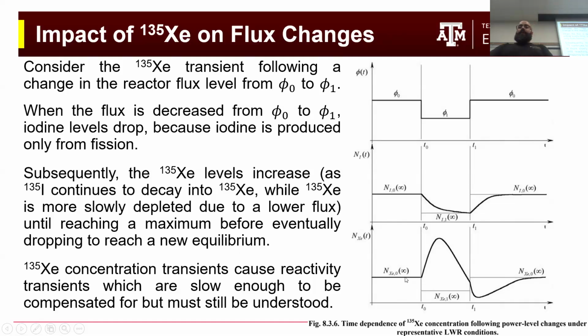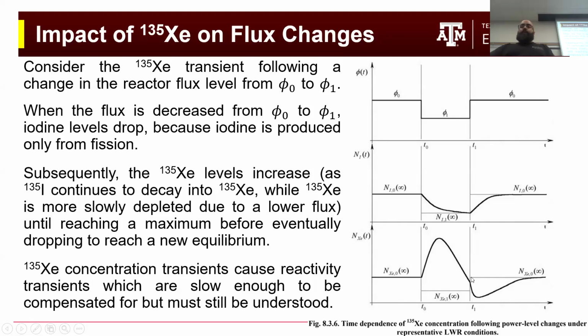Whereas xenon was also at equilibrium before I changed the flux, but the decreasing of the flux results in all of this iodine decaying away and producing more xenon. So the amount of xenon actually goes up until all of that iodine is at a new concentration. Really, as the iodine is getting to a new concentration, my xenon is also decaying and getting to its own new concentration.